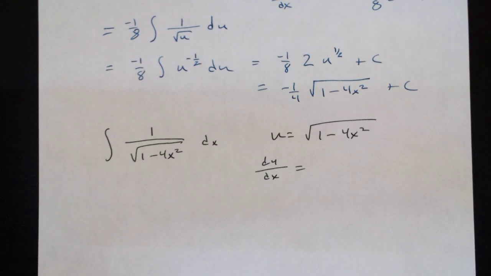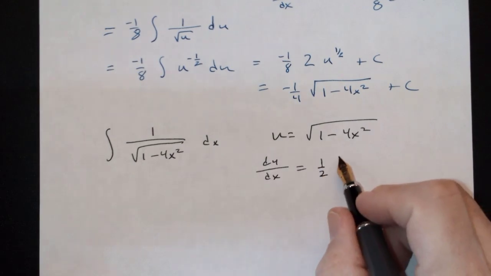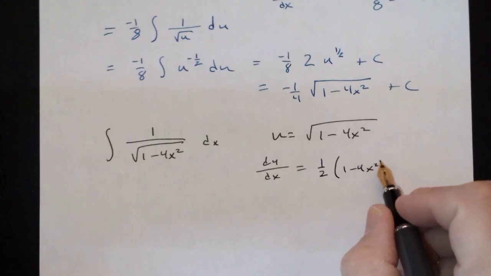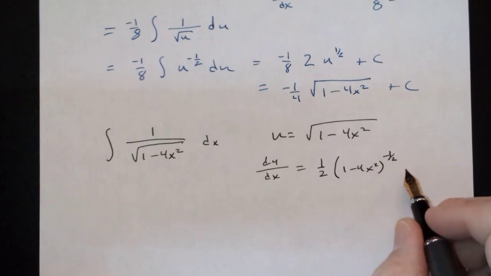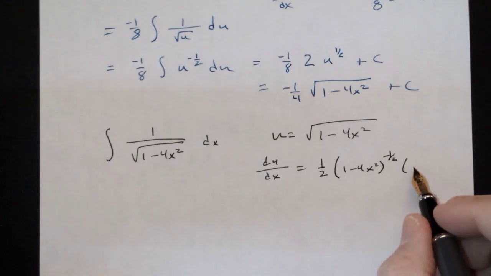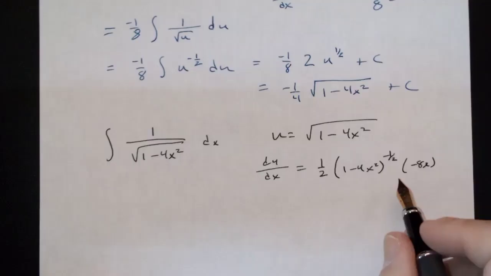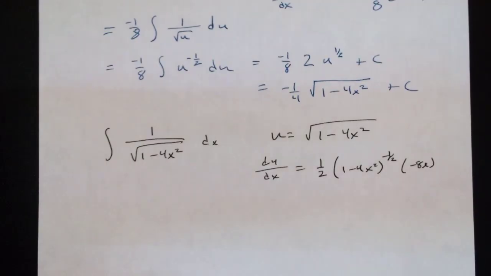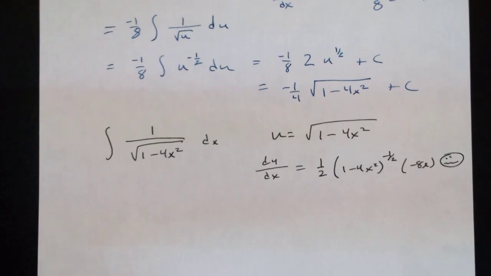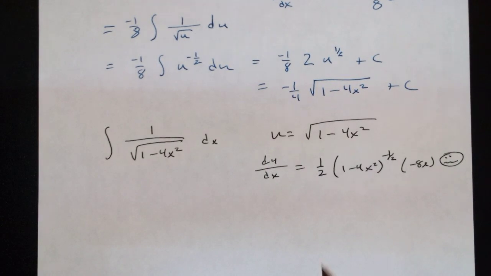That's nasty. 1/2 times 1 minus 4x squared to the negative 1/2, times minus 8x. I'm not sure this gets me anywhere, because I still have that extra x on the outside and I don't know how to adjust for it. Let's try again.